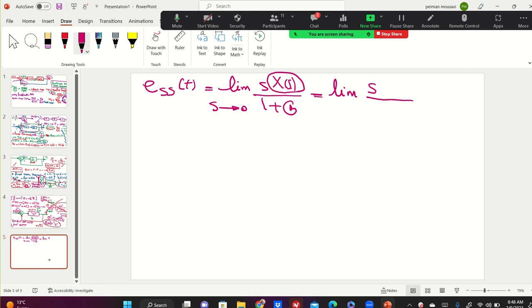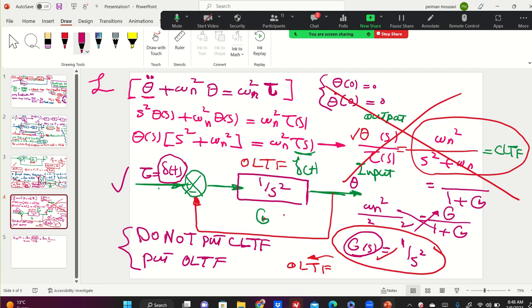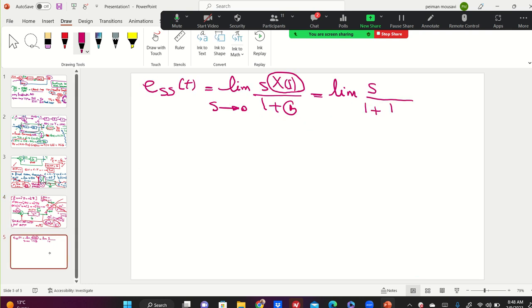So I'm leaving here 1 over 1 plus G. We derived together the open loop transfer function is 1 over s squared. So when s goes to 0, if you simplify everything, you have s cubed over s squared plus 1 when s goes to 0. The answer of this is 0.